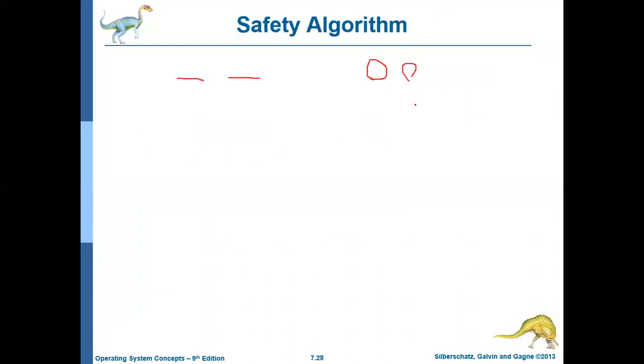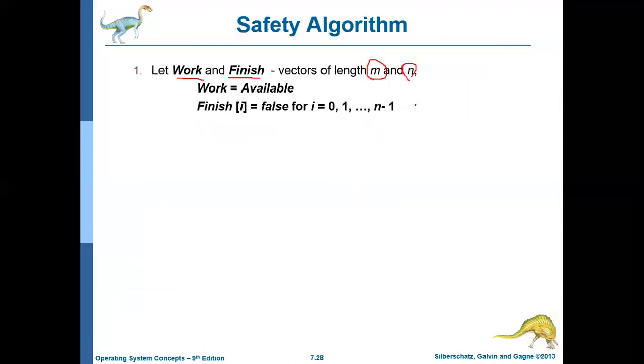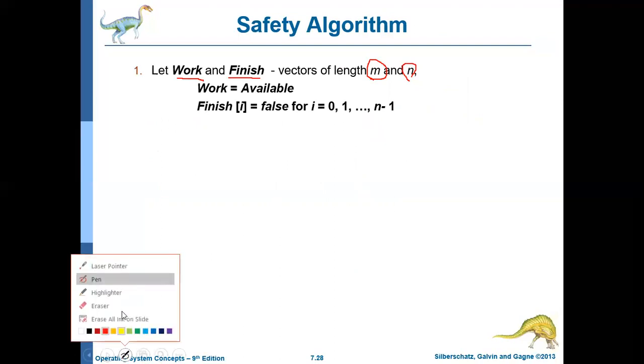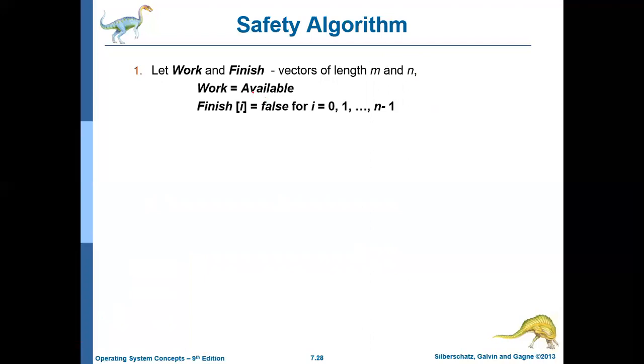So basically available is a vector which represents how many instances of each type of resource are currently available with the operating system. That's it, it is as simple as that. So we are just assigning the content of available to work. So now work also contains the same thing.